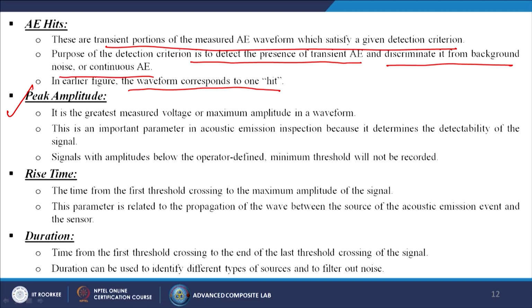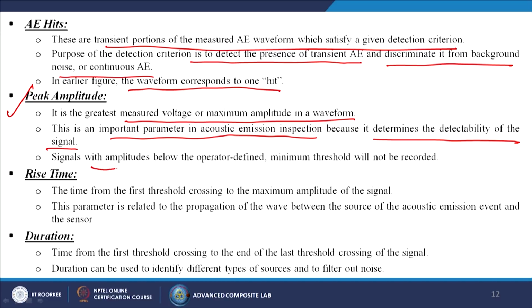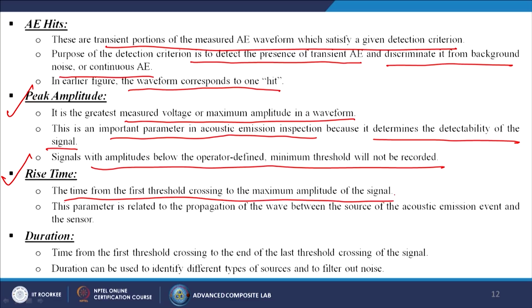Next come to the peak amplitude. It is the greatest measured voltage or maximum amplitude in a waveform. This is an important parameter in acoustic emission inspection because it determines the detectability of the signals itself. Signals with amplitudes below the operator defined minimum threshold will not be recorded. Rise time: the time from the first threshold crossing to the maximum amplitude of the original signal.